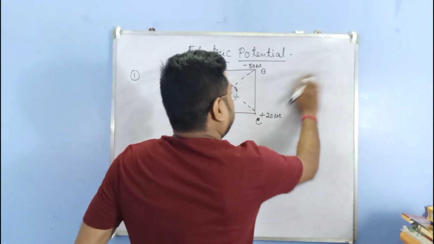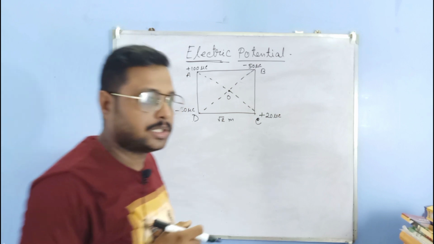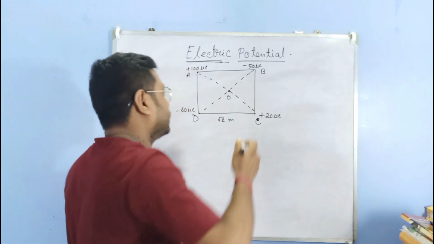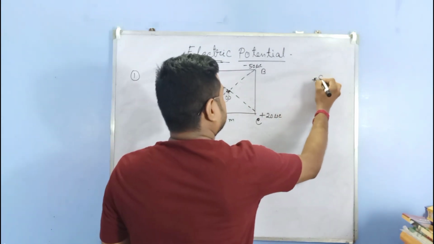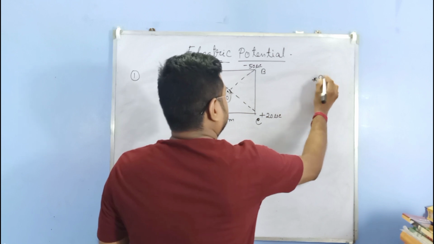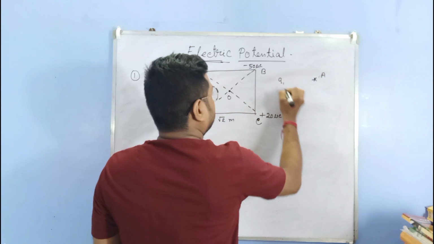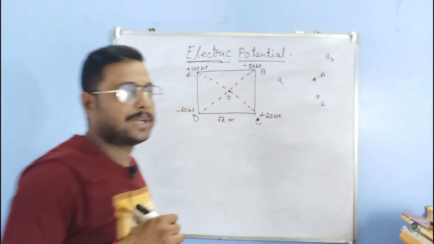Here we know that potential energy is a scalar quantity, so electric potential is also a scalar quantity. Suppose there is a point A and charges Q1, Q2, Q3 are situated at different positions.